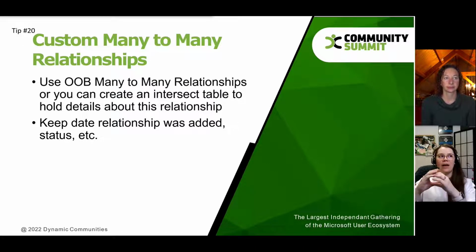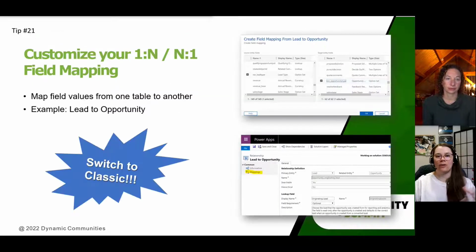The idea of that status table in the middle is it can maintain details about this relationship. When was it created? Does it have an active or inactive status? Things like that. A lot of times that's really helpful because just using the many-to-many, I can't trigger based on when it's added and things like that.